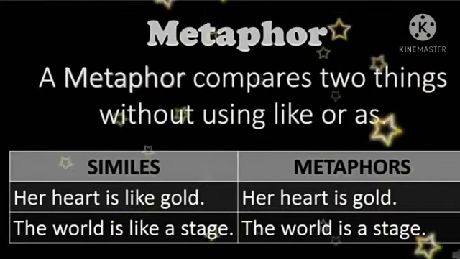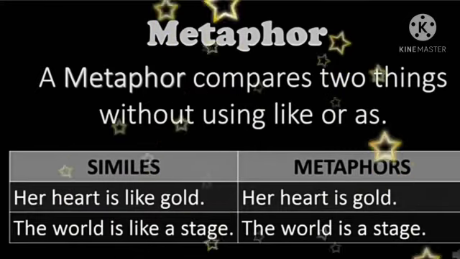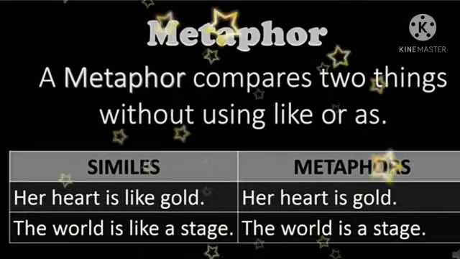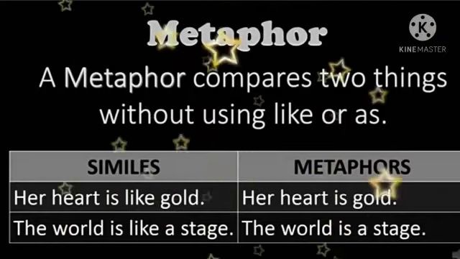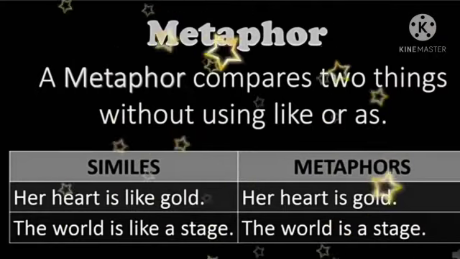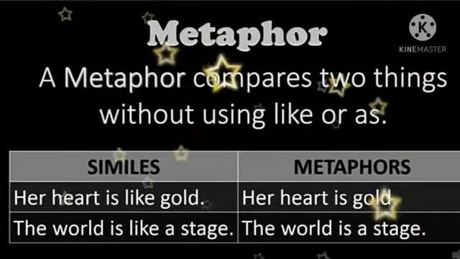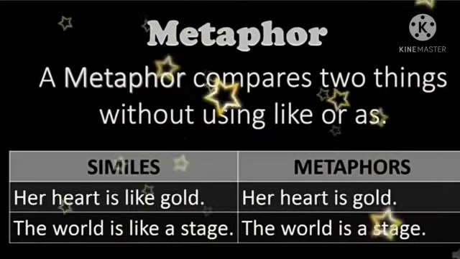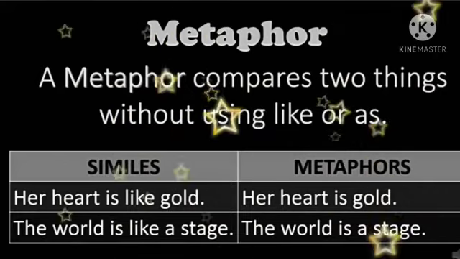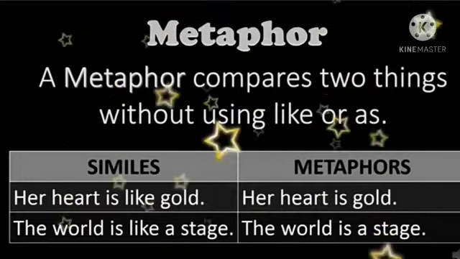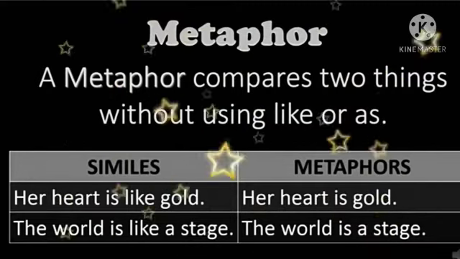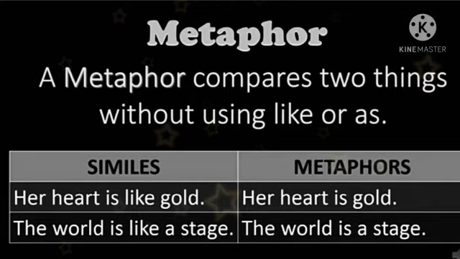Our next example is the world is like a stage. But in metaphor, the world is a stage. So instead of like, we are using a. Without using like, we are making the sentence like this. In short, a metaphor is also called an implied simile.